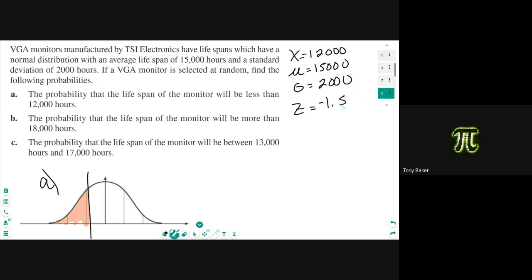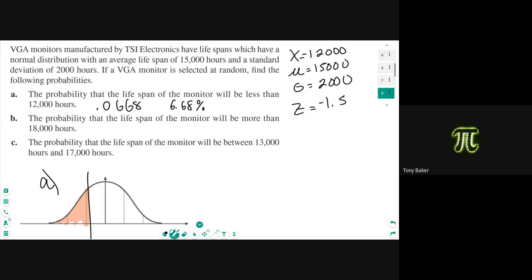I get a 1.5. All right. So look that up in the table. And we get 0.0668, I think it was. 668. So 6.68% of the TVs will fail prior to 12,000 hours.